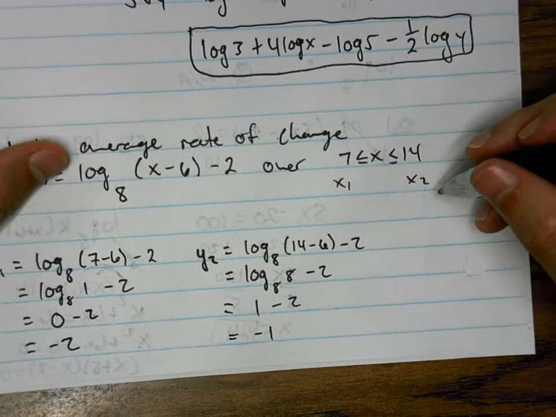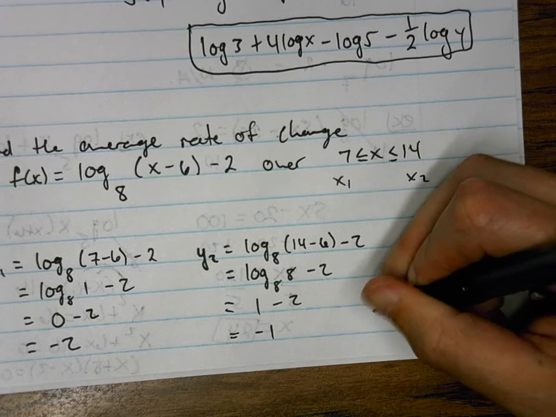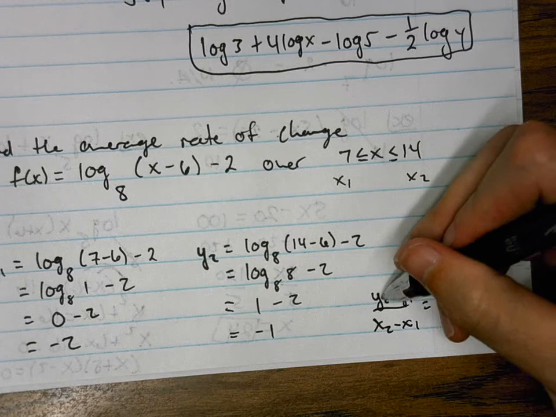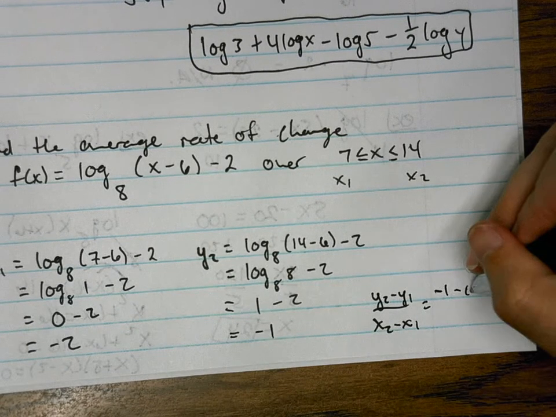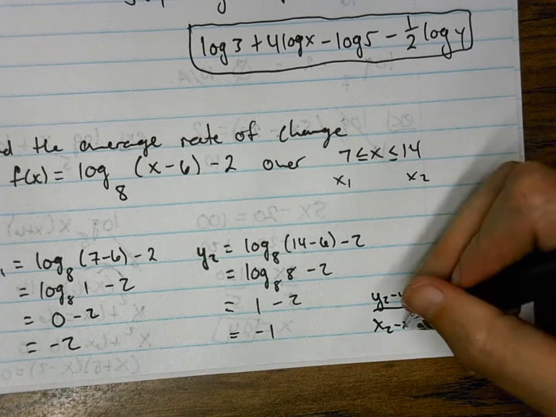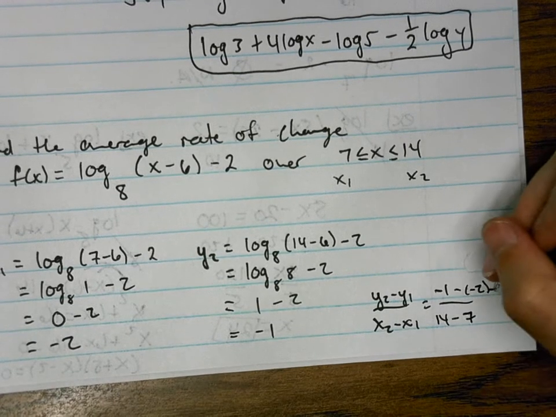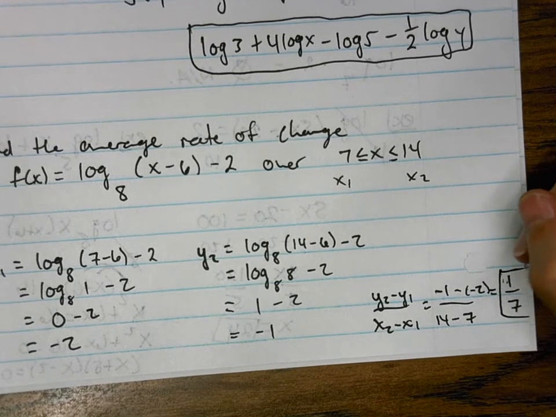And to find your rate of change, you need to do y2 minus y1 over x2 minus x1. y2 is negative 1, y1 is negative 2, x2 is 14, x1 is 7, so that's 1 over 7, grand total, final answer.